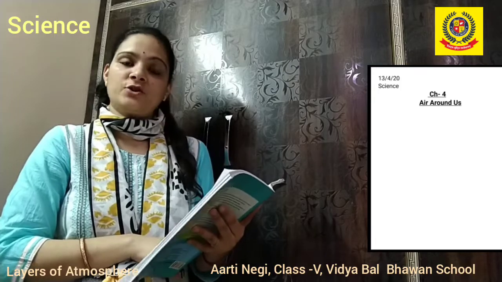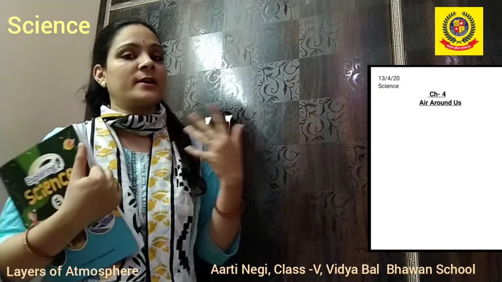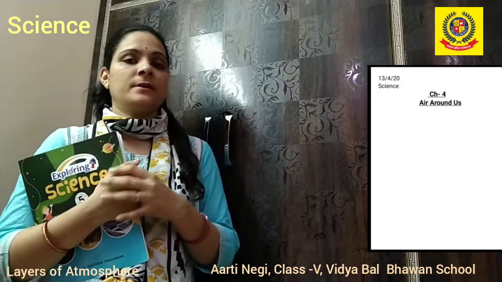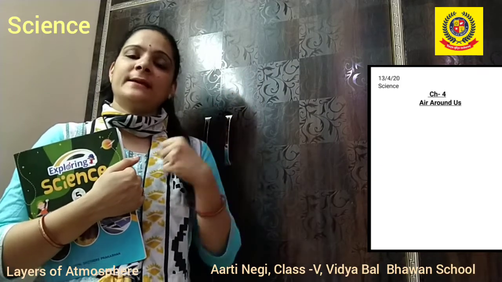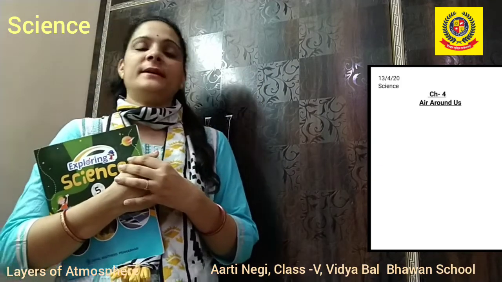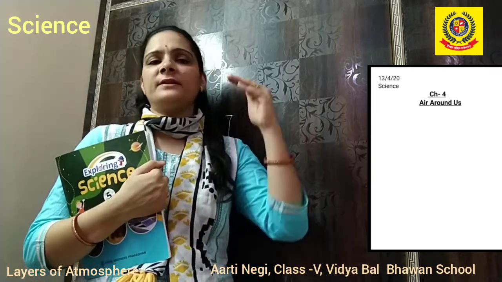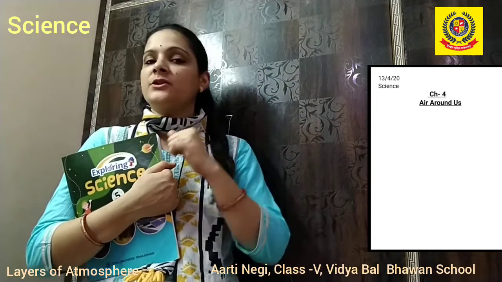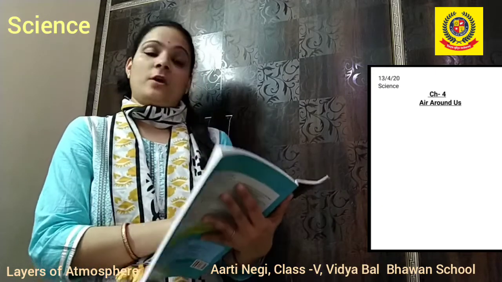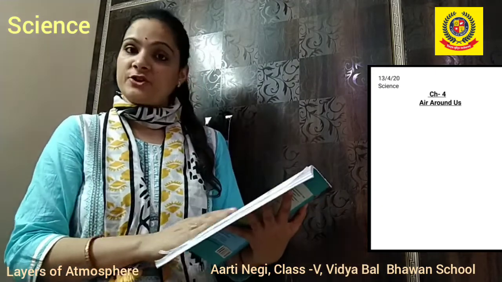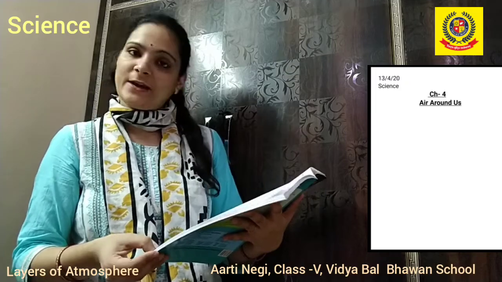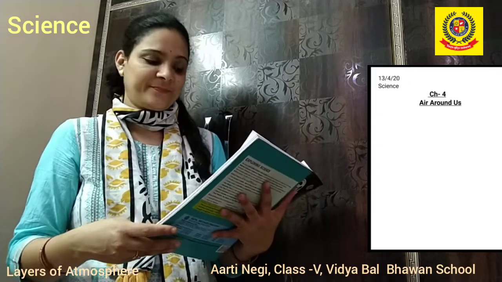The air that we are talking about here is made up of many gases that we will learn about in this chapter, and we will also learn about the different layers of the atmosphere. Our today's topic is on page number 35. Quickly open your page number 35.